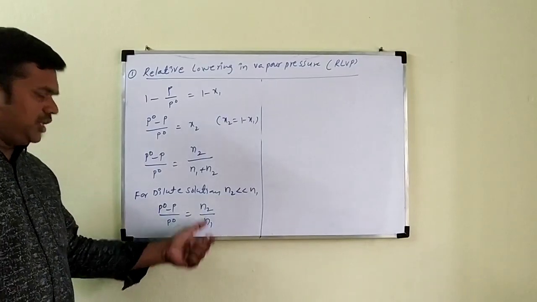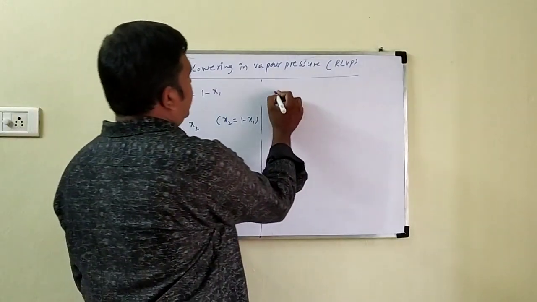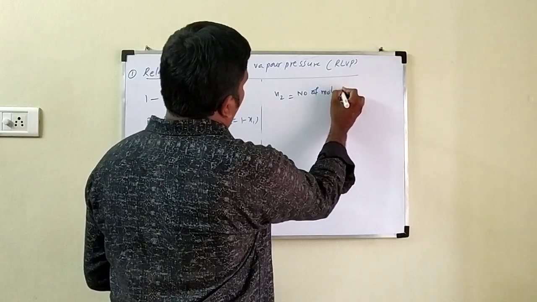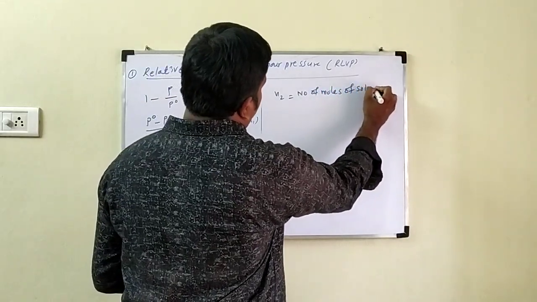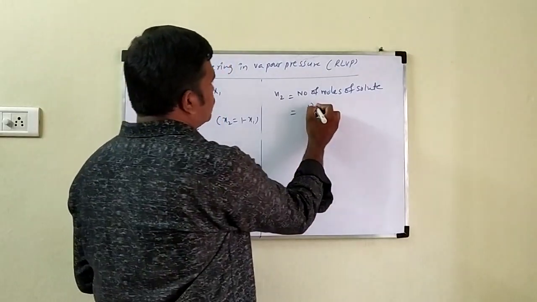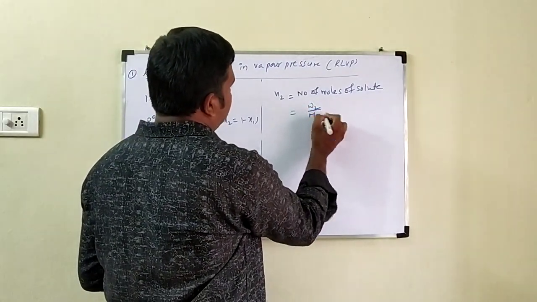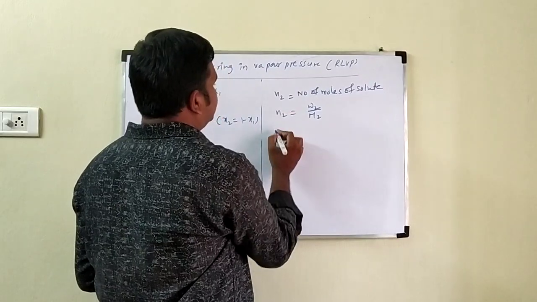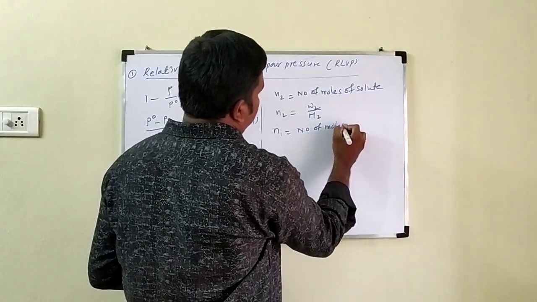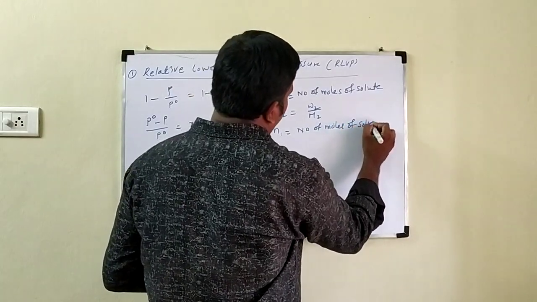Now we can see N2 and N1. What is N2 here? N2 is equal to number of moles of solute. So from this you are writing here weight of solute by molar mass of the solute, that is N2. N1 is equal to number of moles of which one here?